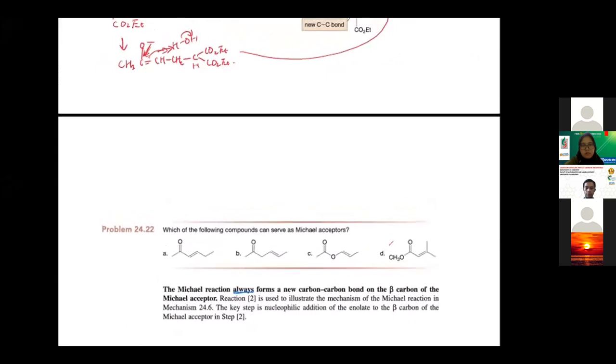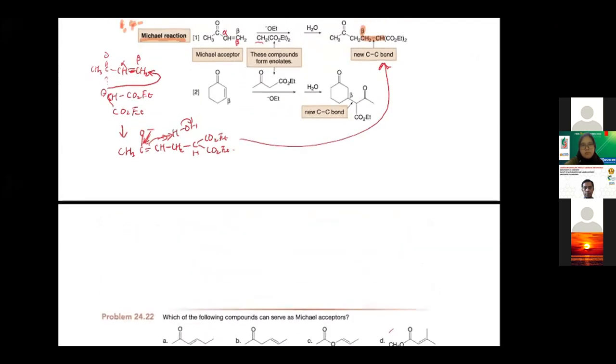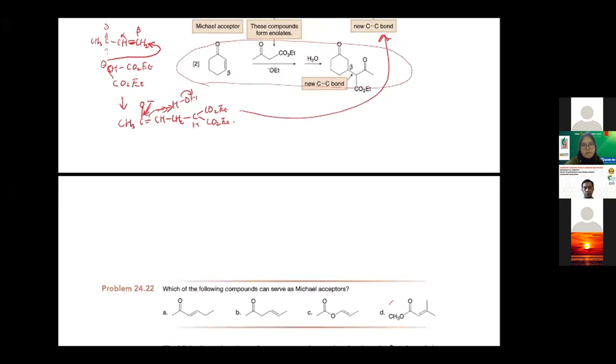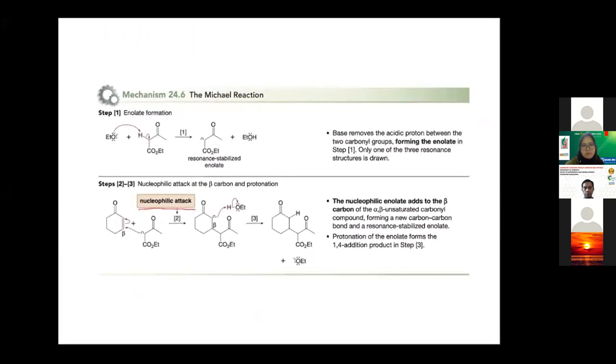Next, sorry, we have to explain this one. The second is also the same reaction. Just a moment, so we can find the reaction mechanism here. This is the mechanism here.